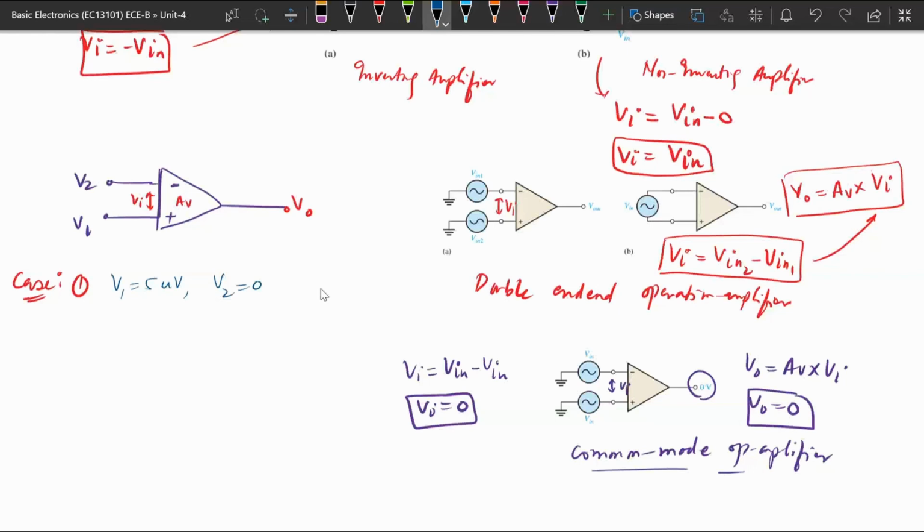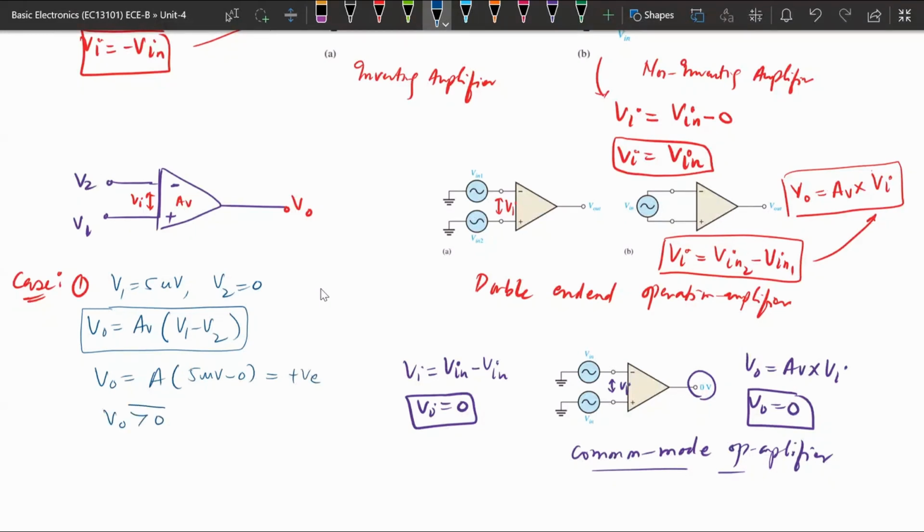So V output will be equal to the gain multiplied by the difference of these two: positive minus negative, that is V1 minus V2. By putting the values we get V output as gain multiplied by 5 microvolt minus 0. So it is a positive value, and the V output will come out to be greater than 0.